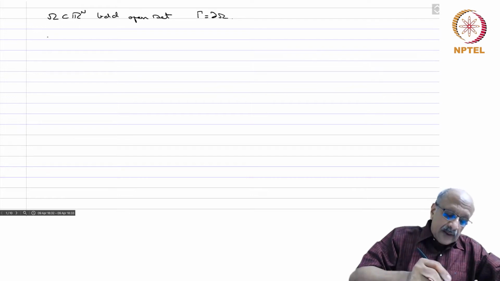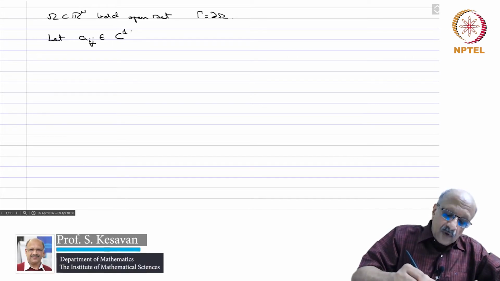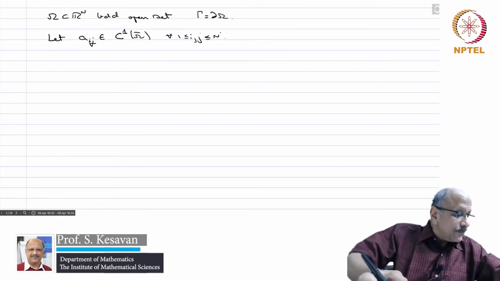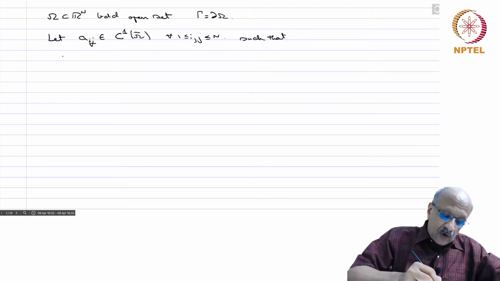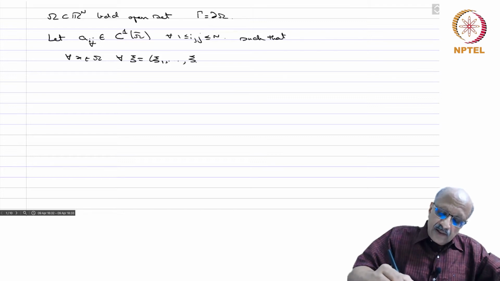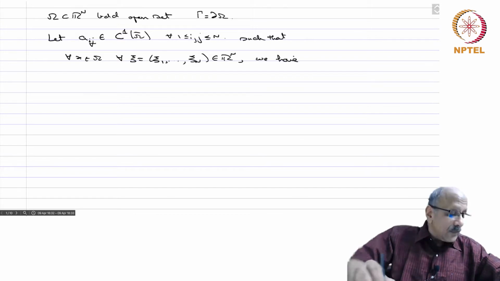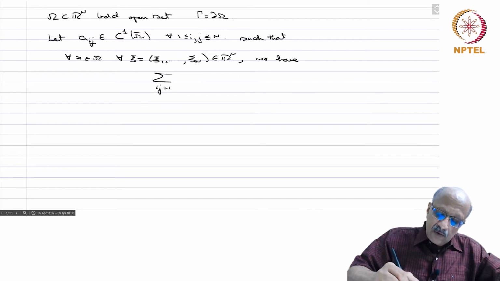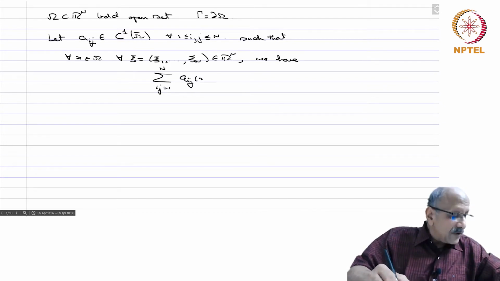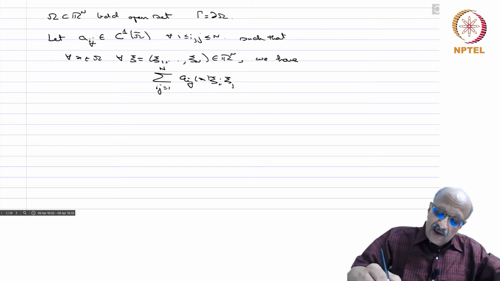Okay, so let a_ij belong to C1 of Omega bar for all 1 ≤ i, j ≤ n, and such that for all x in Omega and for all xi = (xi_1, ..., xi_n) in R^n, we have sum over i, j = 1 to n of a_ij(x) xi_i xi_j is greater than or equal to alpha times mod xi squared.